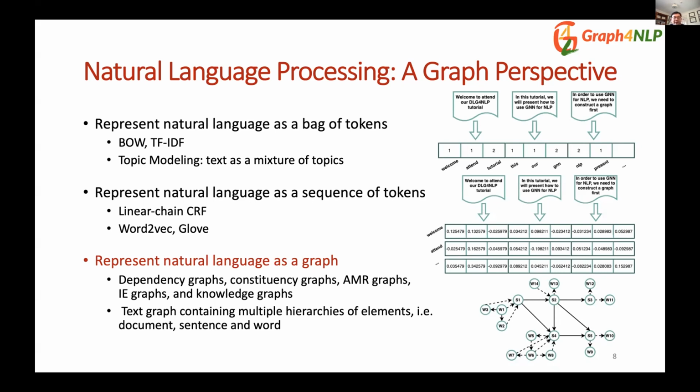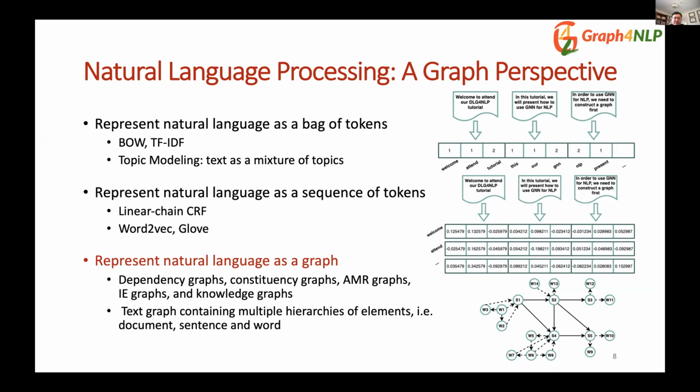And later, people found that it is also very useful to represent natural language as a sequence of tokens. This kind of technique is really because of the rise of what we call the word2vec type of technique. People found that we are able to transform each word token into a latent space, and then represent each word token as a dense vector, which is able to preserve the proximity or context information in the original text.